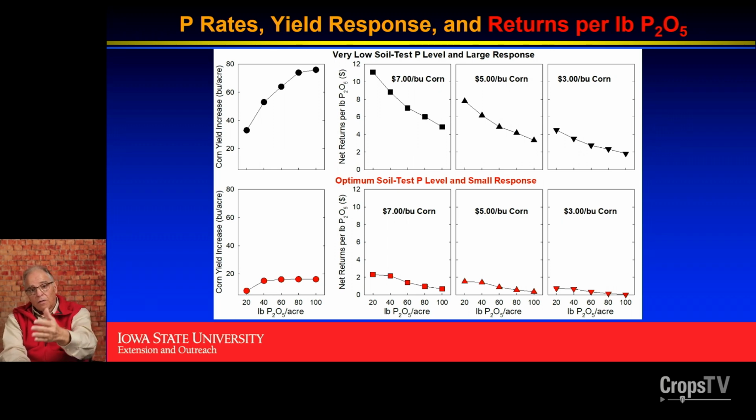Now, they are lower, of course, if there are bad prices. So in this case, you need to look at that, because even if you apply a lot, you tend to have lower returns per pound, but still there is a profit. We showed that before. But now look at the optimum soil test P level. We saw that now the returns per pound are much less, you see?